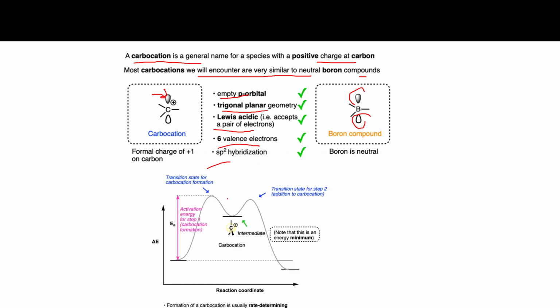Next, how the reaction goes on. In the first step, your alkyl halide, RX, forms R plus through a transition state, with X minus leaving, and then you get the carbocation, R plus.